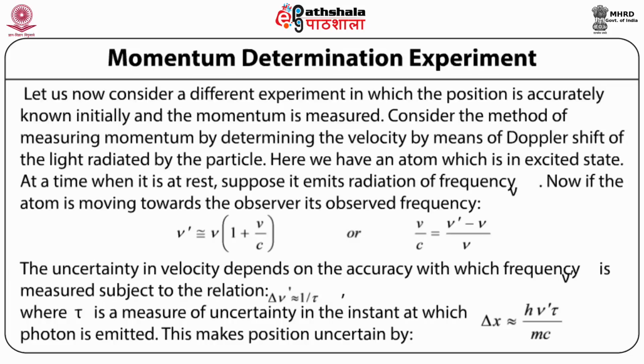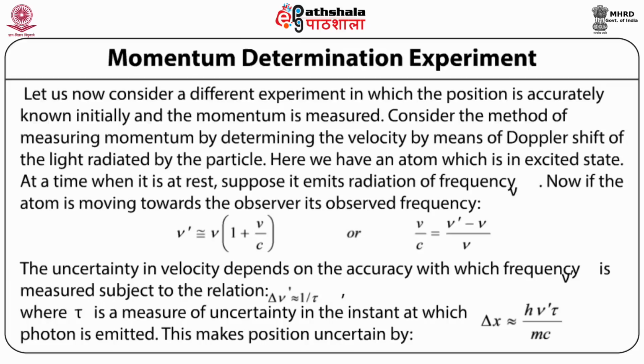The uncertainty in the velocity depends on the accuracy with which this observed frequency mu prime is measured, subject to the relation delta mu prime is approximately equal to or of the order of 1 by tau, where tau is a measure of the uncertainty in the instant at which the photon is emitted.